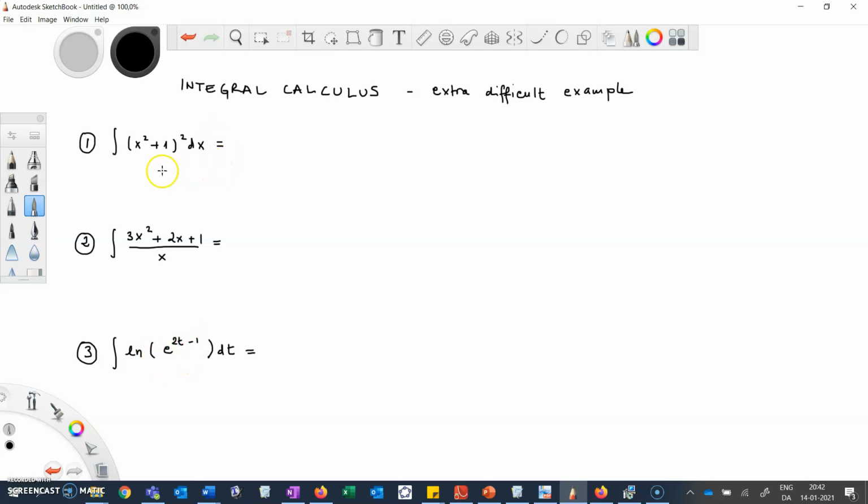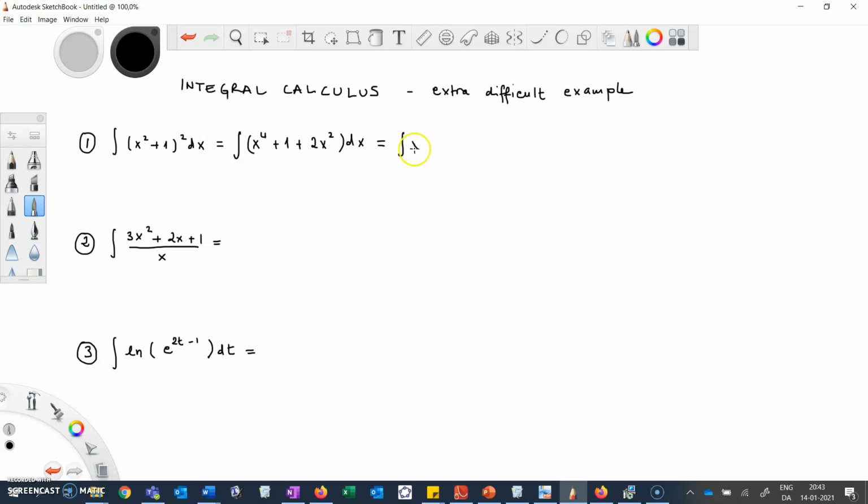Let's start from the first one. So an obvious way of doing it, and that's what I'm going to do here, is to expand this term. So I'm going to have that this is going to be the integral of x to the power of 4 plus 1 plus the double product, so 2 times x to the power of 2. I could also solve it in a different way, but in this case it's actually very easy to do it like that.